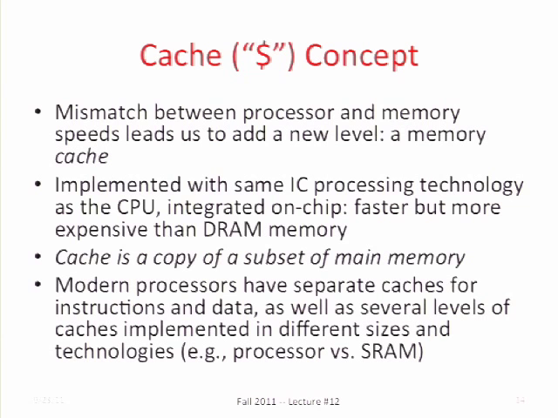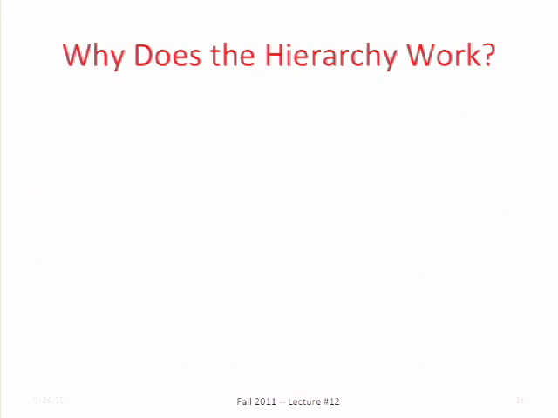So 1,000 gigabytes of disk. You've got 128 bytes of register, right? So think about that ratio. How many orders of magnitude is that? And then everything in between. So how could that possibly work? How could you possibly front a terabyte of data with 128 bytes? It just doesn't even seem possible, right? So why does it work?